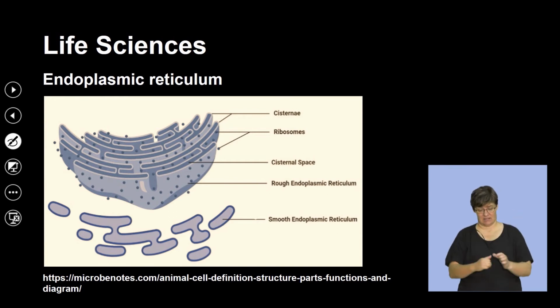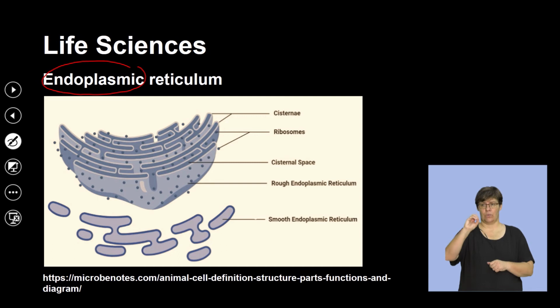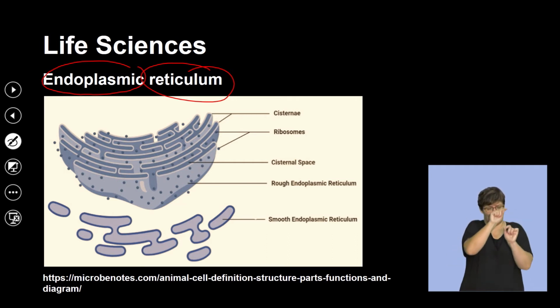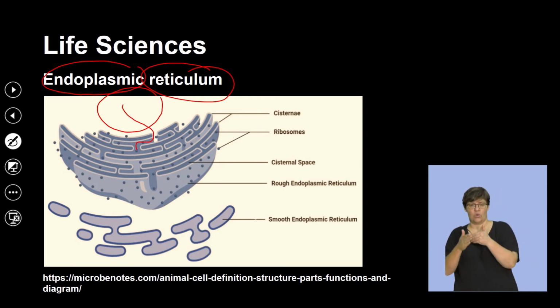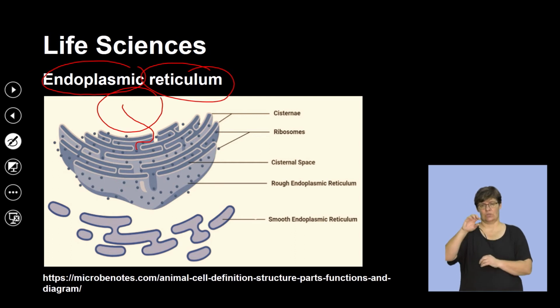The next organelle that we need to focus on is the endoplasmic reticulum. So the reticulum refers to a maze of membranes that are connected. So this is a structure that connects the nucleus to the rest of the cell. So it brings the contents of the nucleus closer with the rest of the cytoplasm. The folds on the endoplasmic reticulum are called the cisternae.